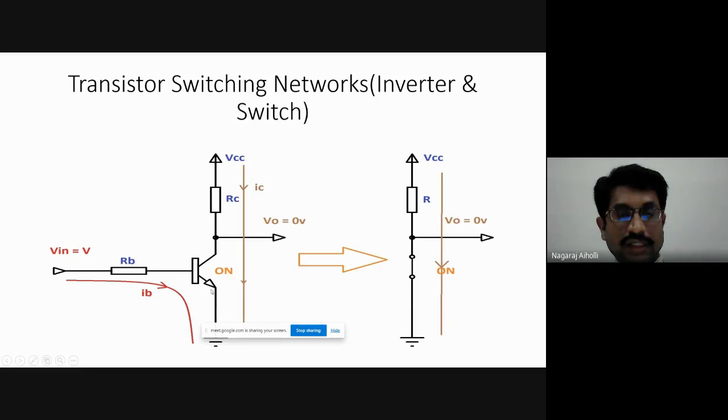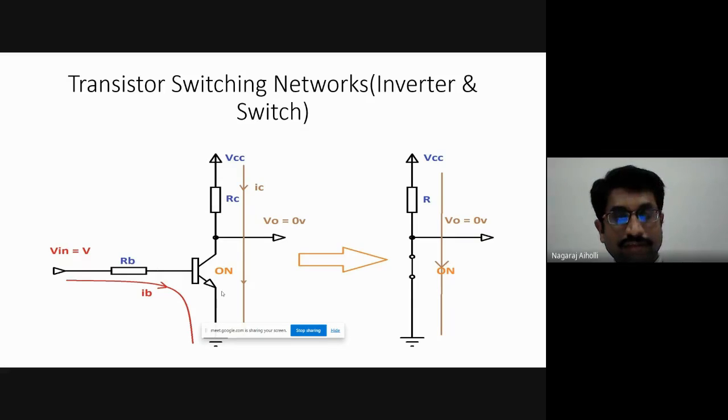So when the transistor is in on state or when it goes into saturation, what will happen here? Because of this, the transistor will act like a short circuit. We know that in a transistor, when it is in saturation condition, the collector to emitter terminal will be shorted.